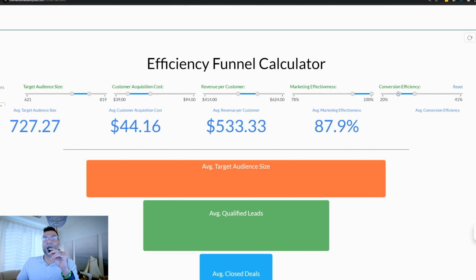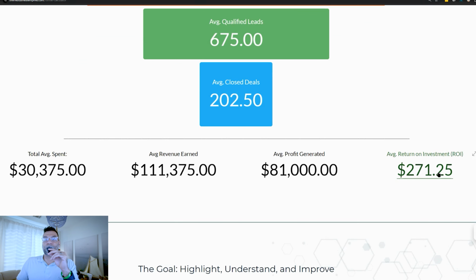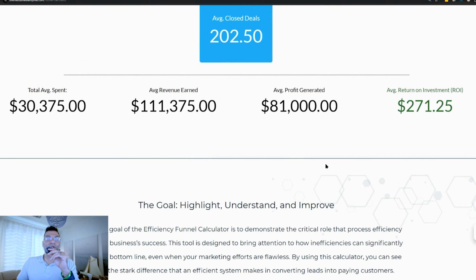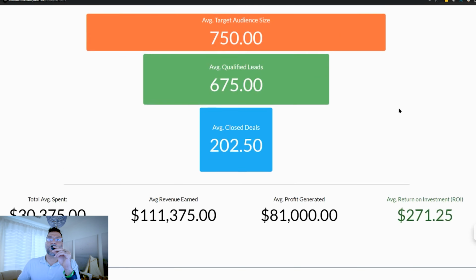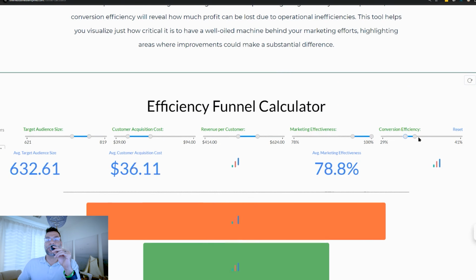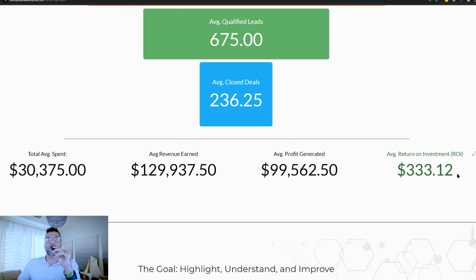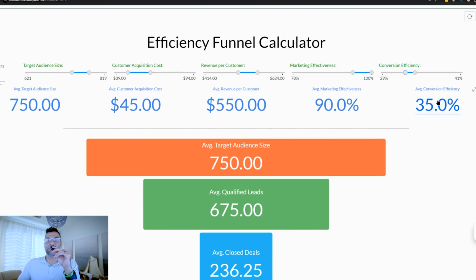So if we put it back to 30%, we're back at 271, and we're at this point. Let's just say we do just a little bit more, just 5%. Look how much more we're able to generate just by improving our conversion processes.